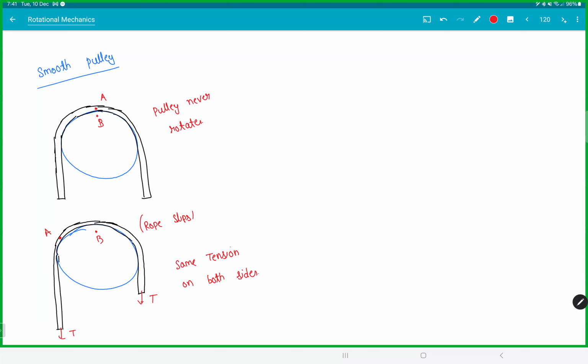Because there's nothing to stop you. It is smooth. But if you take a rough pulley, so all these pulleys, when you say there's no slipping, they have friction.